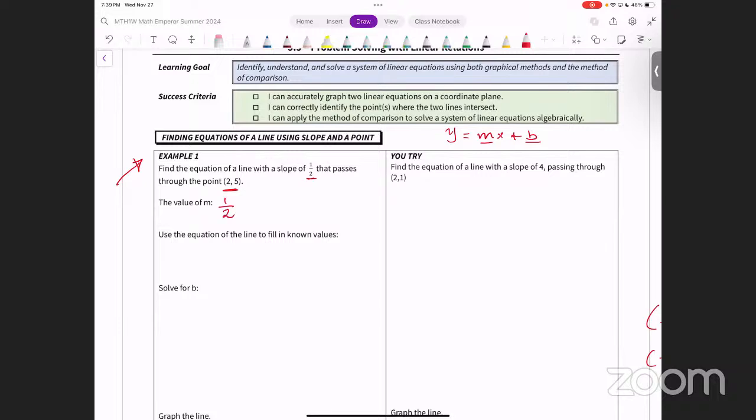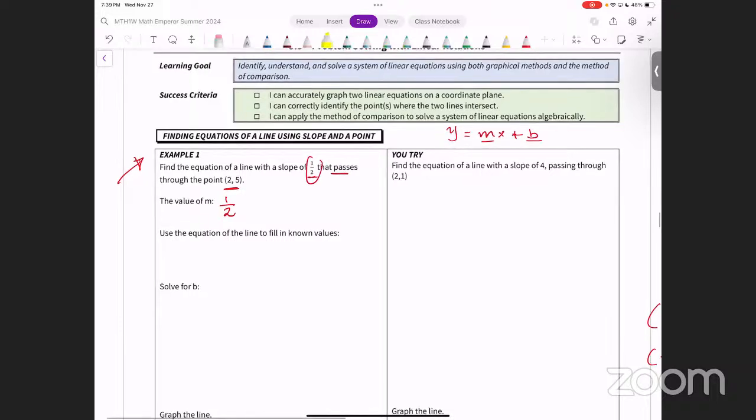Now, do I know the y-intercept? Did they give the y-intercept? No, they didn't. They say we have the slope, but the line is passing through the point 2 comma 5. They never say the y-intercept.